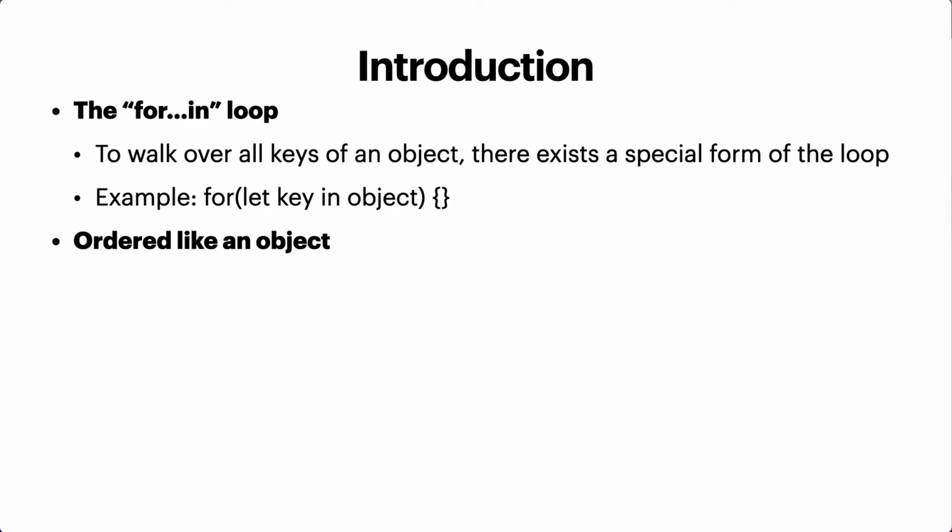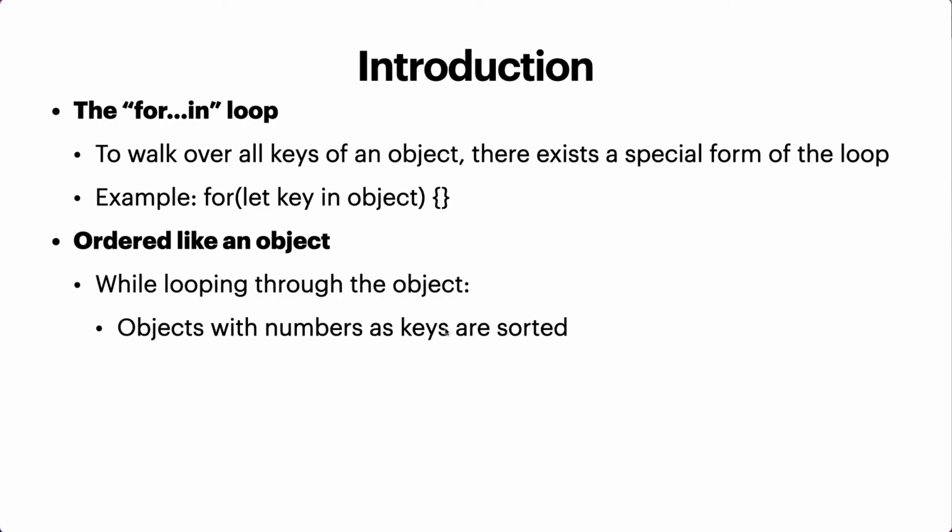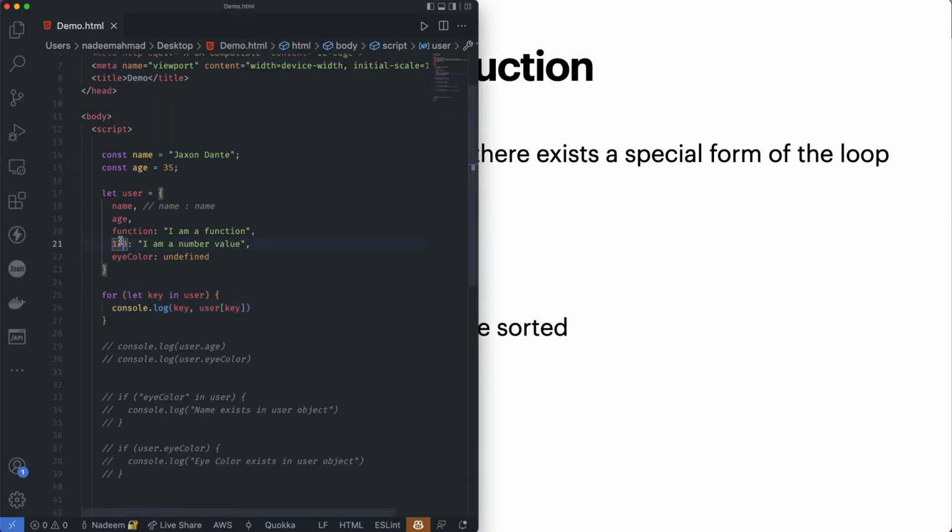And order like an object. So now let's just talk about the order of properties in objects. While looping through objects, keys that are numbers are sorted. Okay, so let's say we have an object that has values, for example, like this.